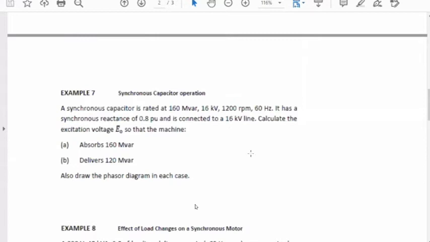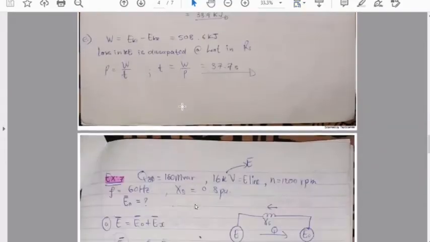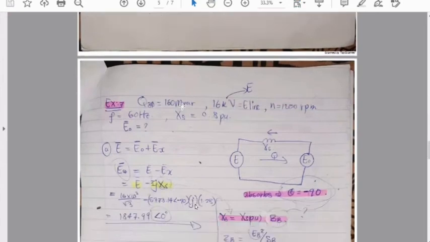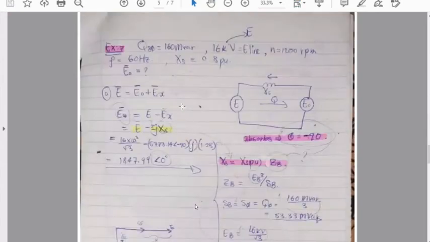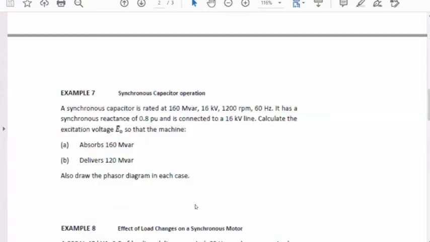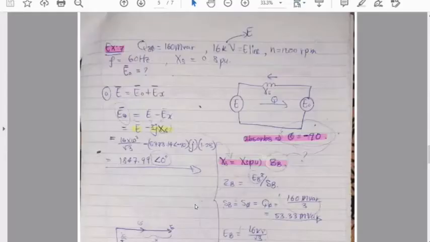Now this looks like a type of question that will make a lot of students blank out, including myself. But it's actually not so difficult if you know your notes. The only thing that you actually need to know in this question, the trick, is that part A says that it absorbs, the word absorbs, that's the only tricky part.